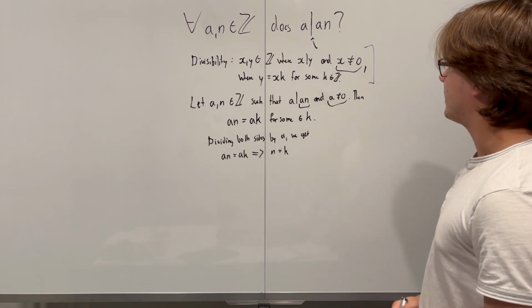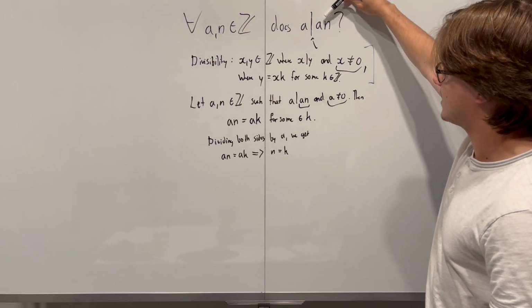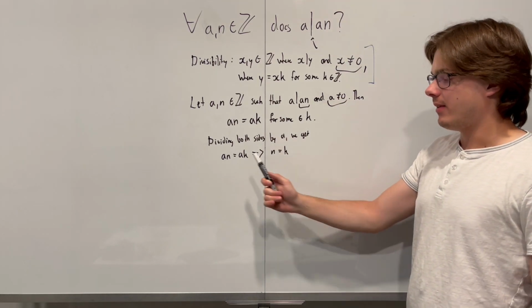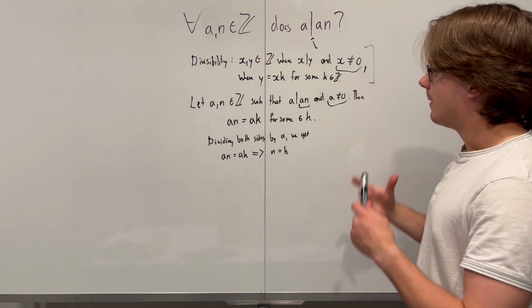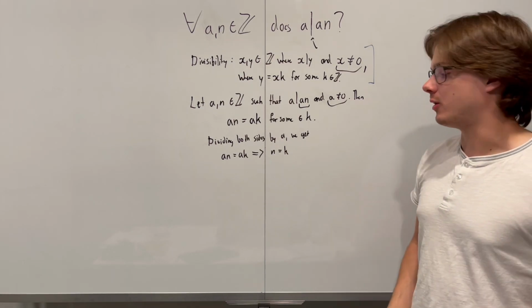Okay, back to my reasoning. So because it does in fact follow these rules, the right-hand side can be written as a multiple of a, where a is multiplied by some integer, because n is k and both of them are integers.